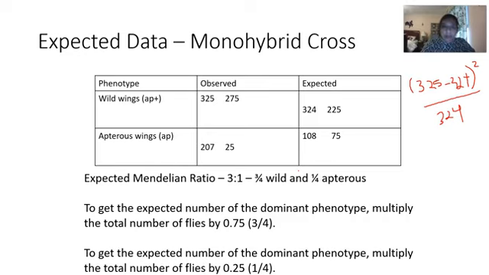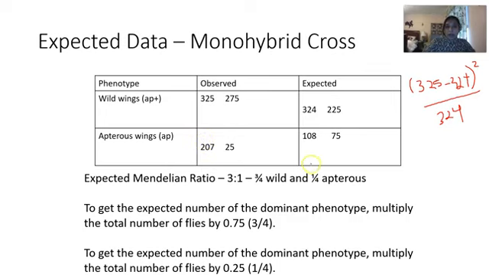And then plus the second one, which is 107 and 108. Again, that's a difference of 1 squared over 108, so 1 divided by 108. And the answer in this case equals 0.012.